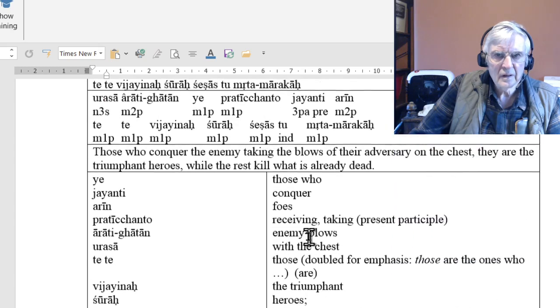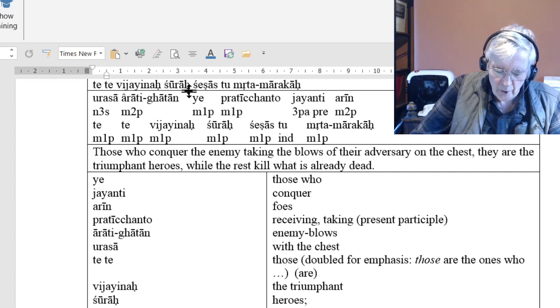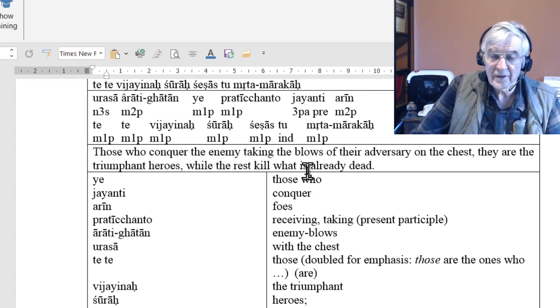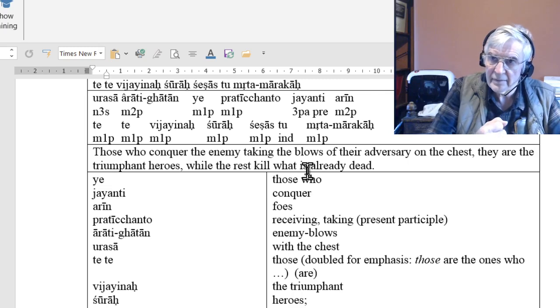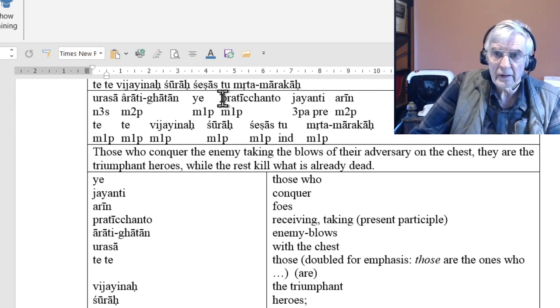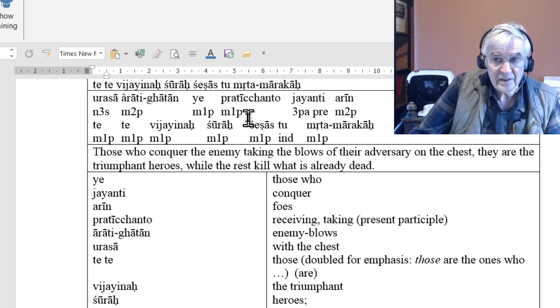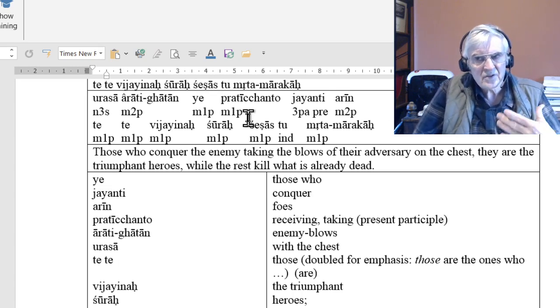So arati ghataha, masculine, the nominative plural, arati ghata, the enemy blows, the blows delivered by the enemy. So ye pratichanto, those receiving, this is the present participle, prati ichati, so praticha, ichati means to seek or to want.